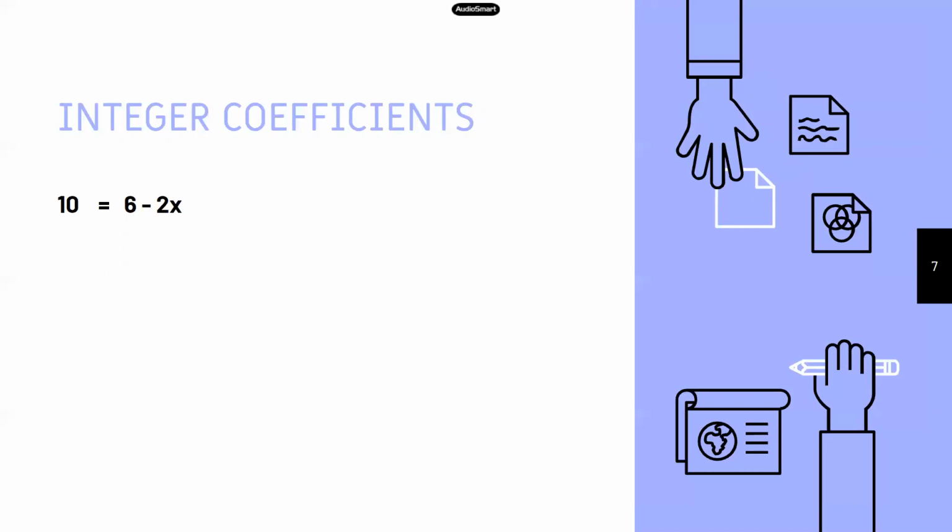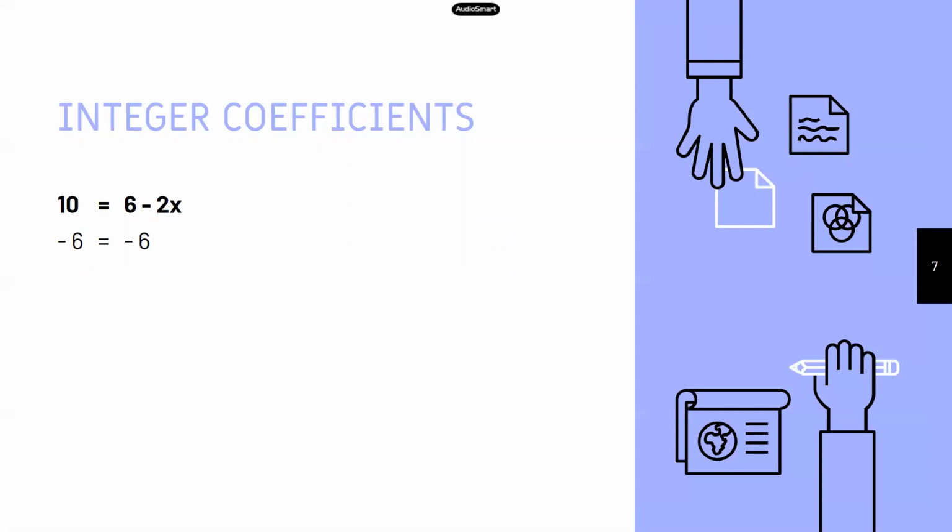So this equation says that 10 equals 6 minus 2x. So the first thing that we have to do is make sure that the negative 2x is on its own, so it's isolated. And in order to do that, we can subtract 6 from both sides of our equation.